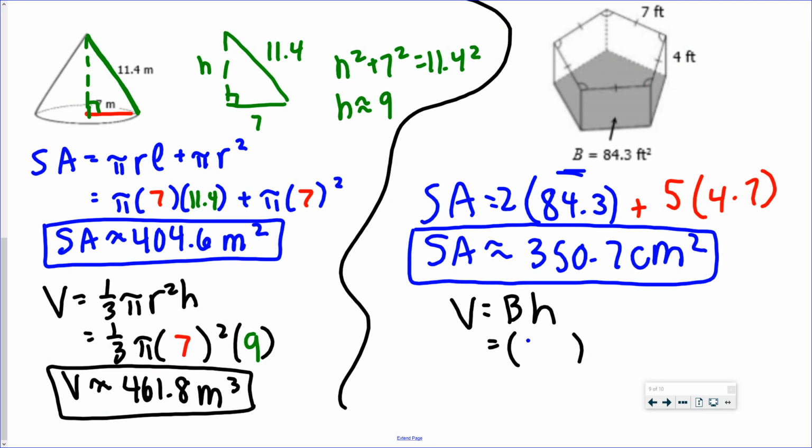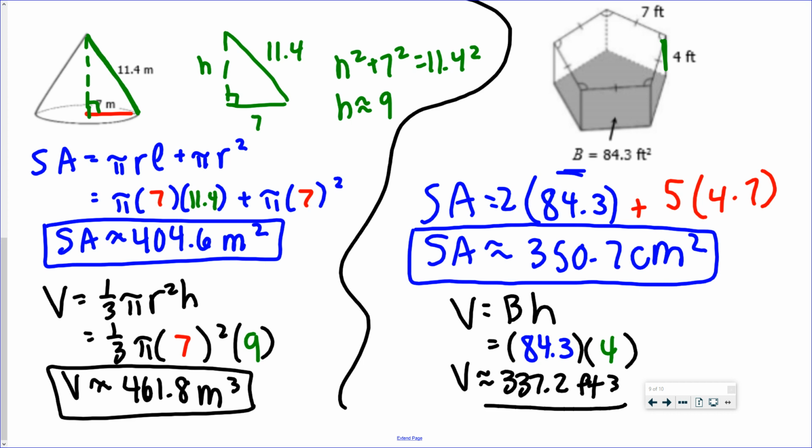Area of our base was 84.3, times the height of this prism, which looks like 4 tall. And that adds that 3-dimensional piece to the figure, right? That's what calculates our volume. Here we're just talking about the pentagon, and once we times that by 4, now we're calculating all that space it takes up in that prism. All right, that volume I got to be about 337.2 feet cubed.